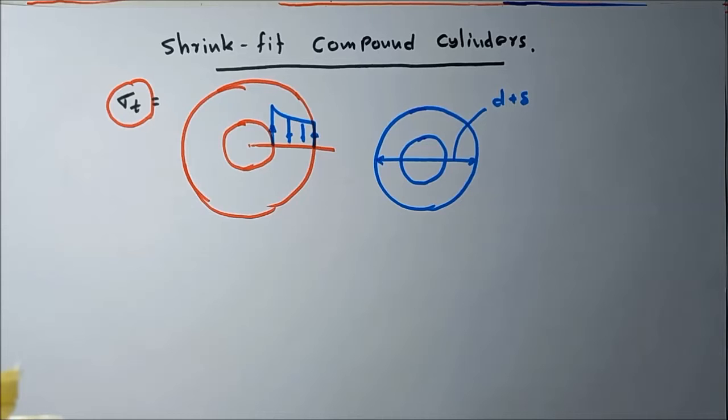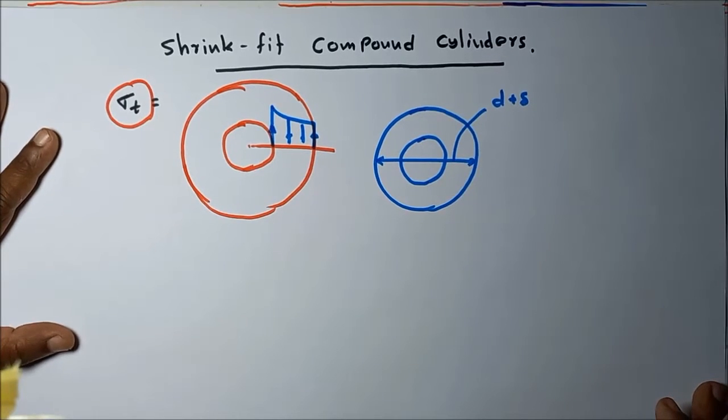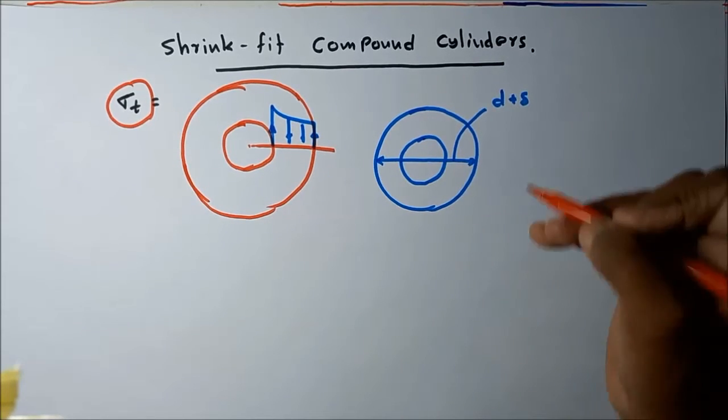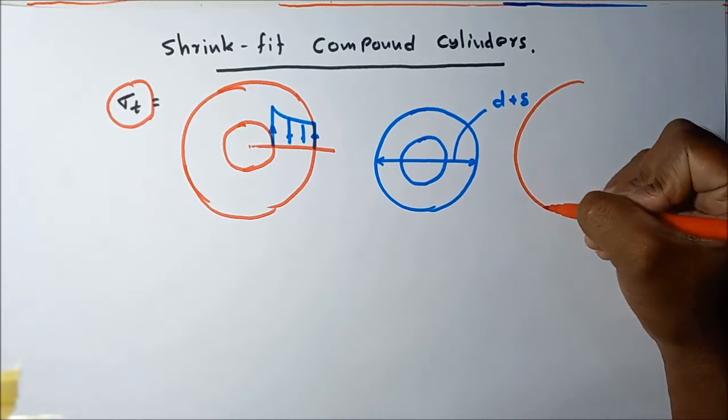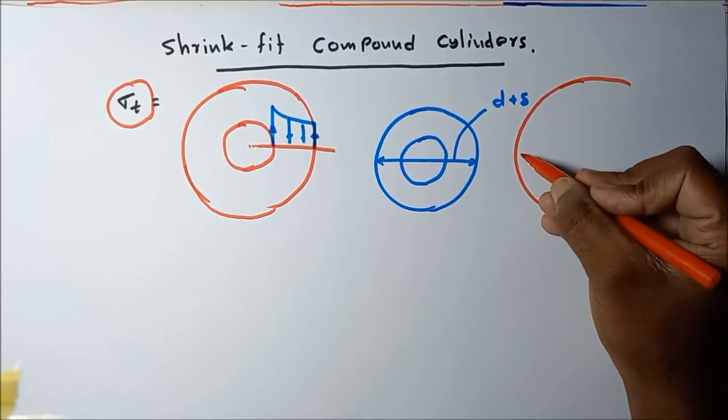The delta means the shrink fitting tolerance, which depends on the material and also the dimensions. Then the other cylinder, the outer cylinder, is like this, and it finishes like this.